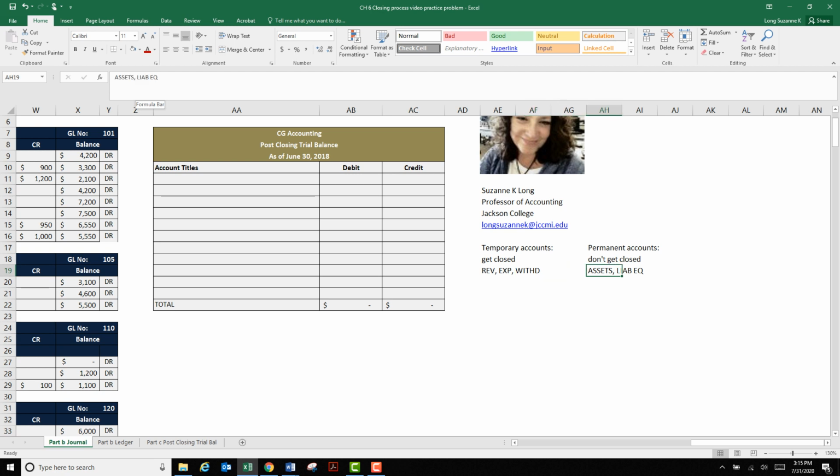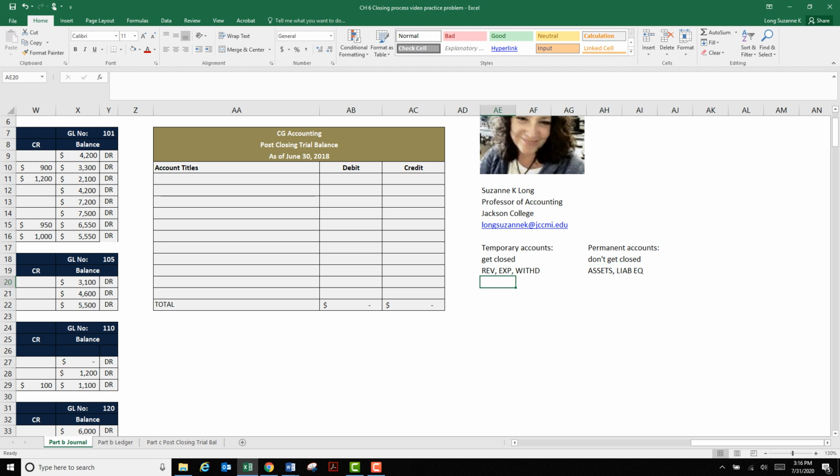Assets and liabilities, equity, those are all permanent. So at the end of June 30 going into July 1st, those balances carry forward. Whatever you've got in cash at the end of June becomes the beginning of July. Whatever you've got in capital, June 30 becomes capital July 1st.